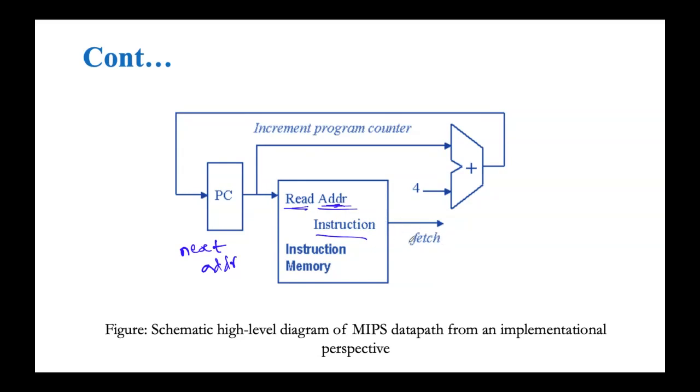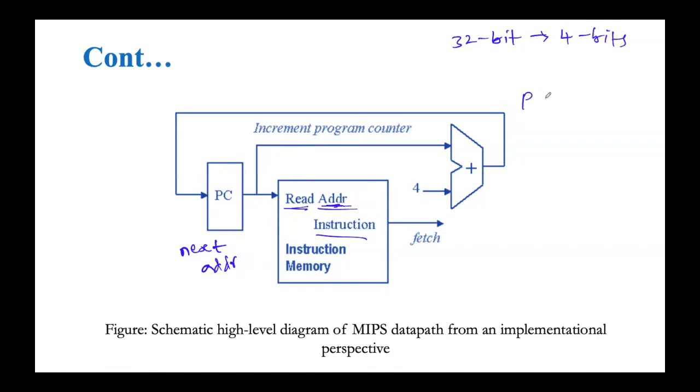And once the instruction is fetched from your instruction memory, your program counter is going to calculate the next instruction address by adding 4 bytes. So why this 4 bytes? If we are using a 32-bit instruction address, this 32 bits will be represented with 4 bytes.